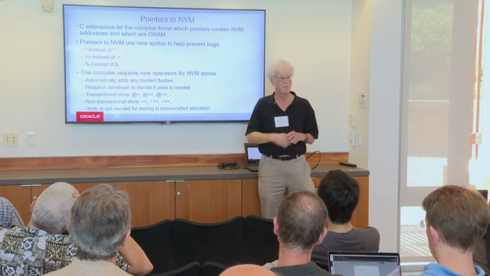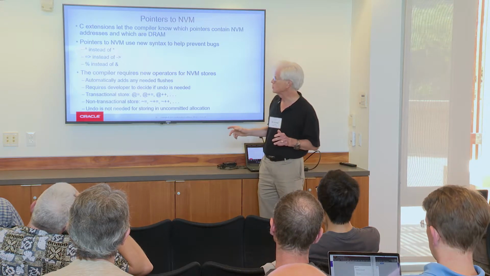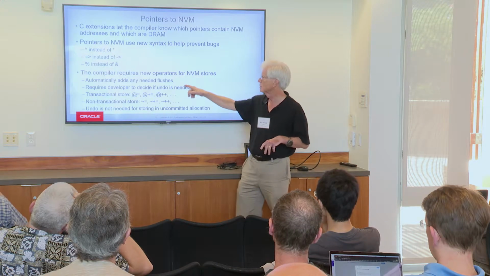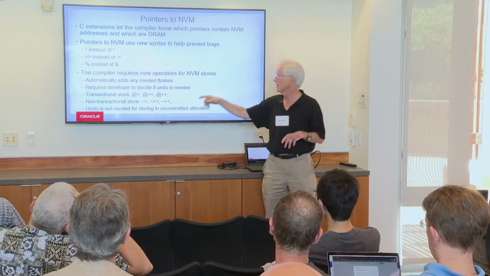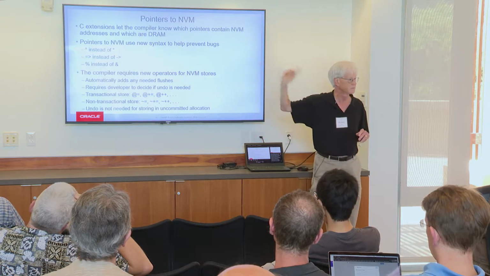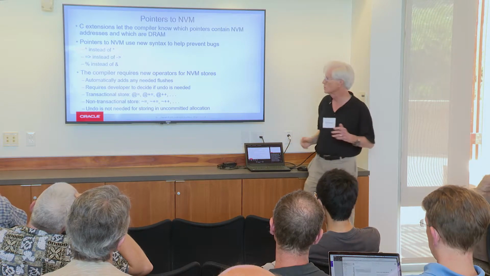And that means that this thing points at NVM. When you do the arrow for struct reference through a pointer, you use equal greater instead of minus greater. And similarly, for the address-of operator, you use percent instead of ampersand. And that's how you set your pointers up so that things work.